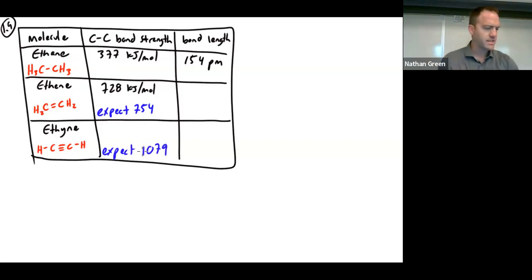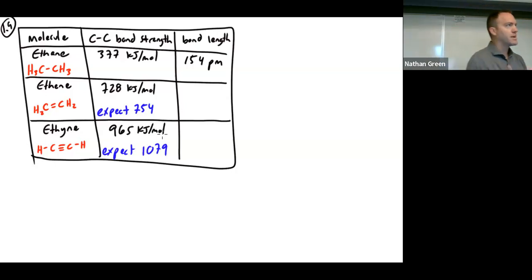I got that number by taking 728 and adding the difference between these two numbers. I came up with the idea of, okay, a pi bond is worth 351 kilojoules, because that's what I added here. Well, if I add another pi bond down here, it should just be that number plus 351 kilojoules to get here. But it's not. When you actually take the bond energy, it is 965 kilojoules per mole.